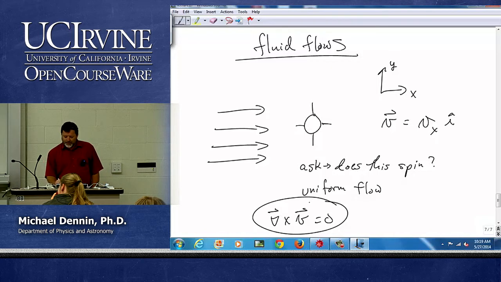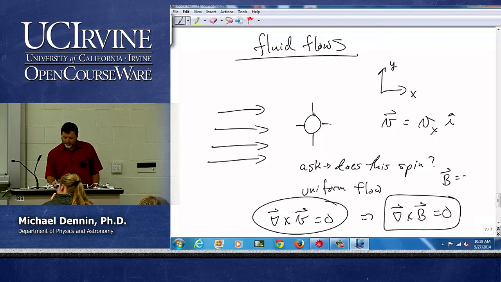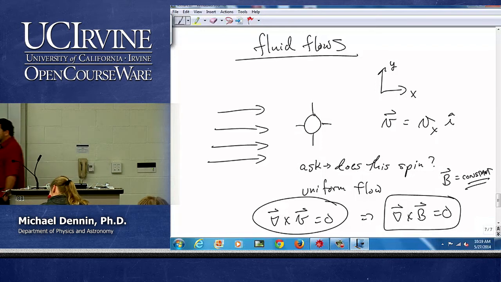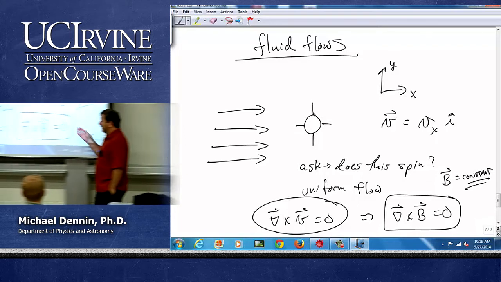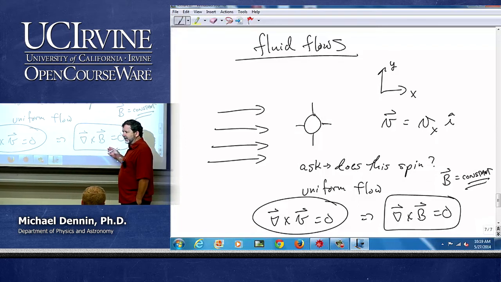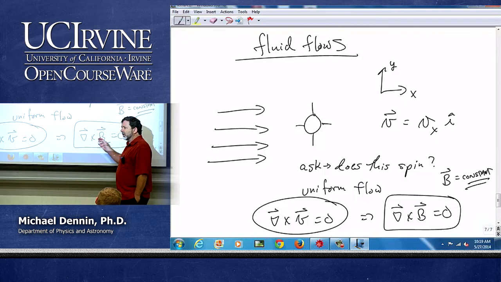Notice, that tells you something interesting. All those times which we do, when the magnetic field is a constant, which is a common situation to use, that's a very special case. That's when the curl of B is 0. It tells you something about the current distribution.